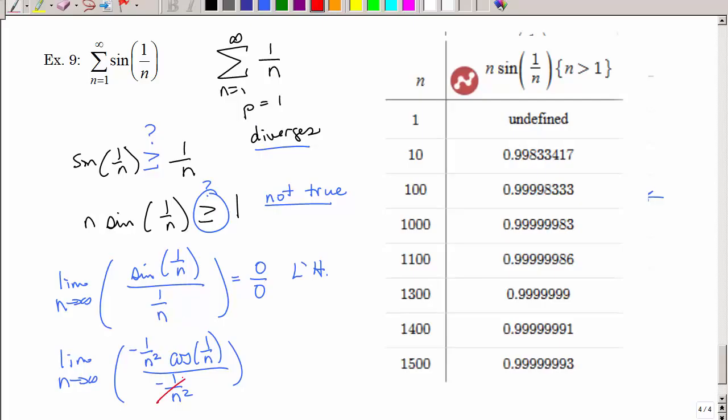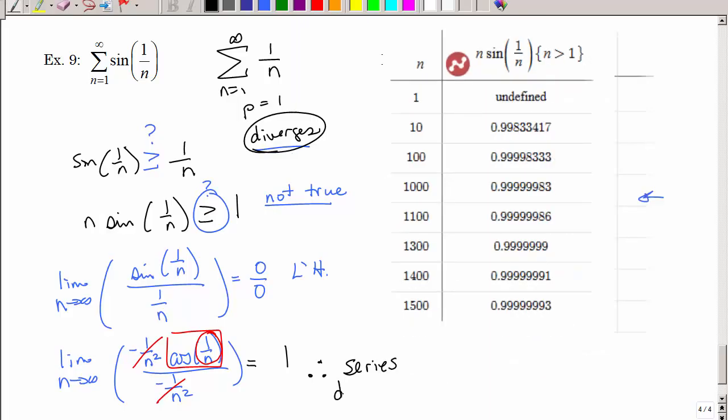So I know those divide out, and as n approaches infinity, this is going to approach the cosine of 0, which is 1. So after all of that, I finally get a finite limit, and so therefore I can say the series diverges, because remember, it agrees, by the limit comparison test.